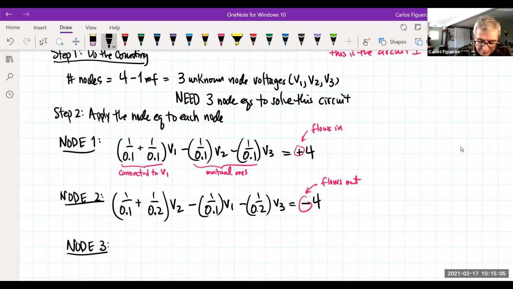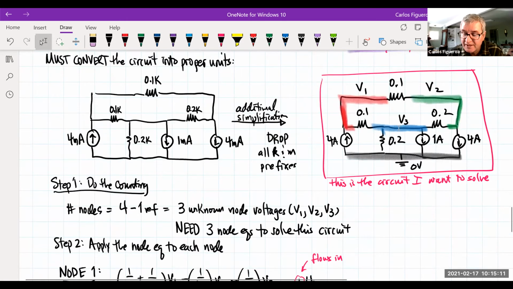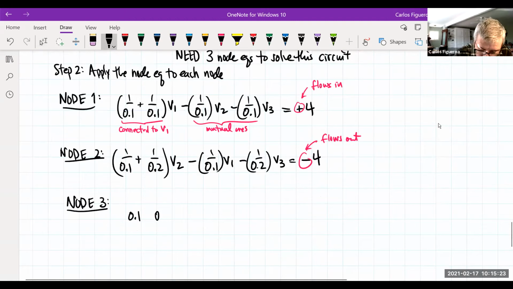Node 3. If you look at node 3, let's look at that. It's the blue node. So how many resistors are connected to the node here? I got 1, 2, 3. 3 resistors connected to V3. So here I go. So I got 0.1, 0.2, 0.2.